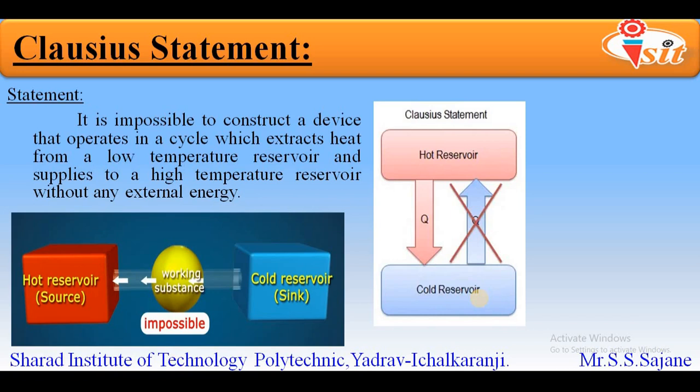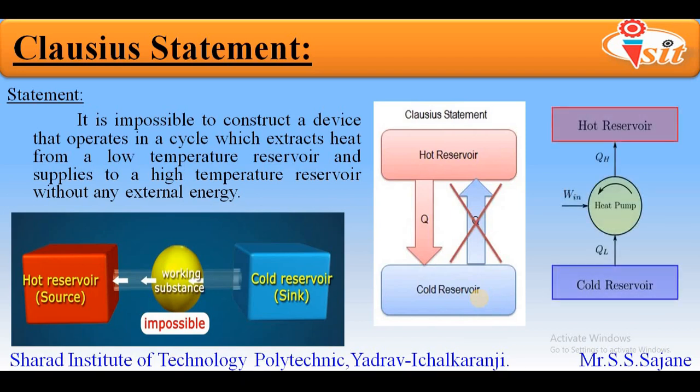There is no requirement for providing some external work to the system. However, if we want to transfer heat in reverse direction, that is transferring heat from a cold reservoir to hot reservoir, then this process will not occur naturally. For this we have to provide some external energy. So this is given in the second law of thermodynamics, that is a Clausius statement.